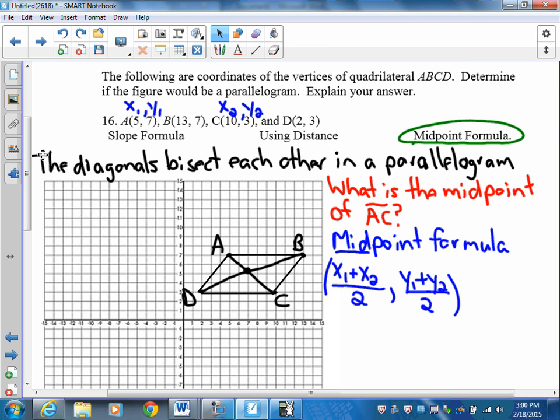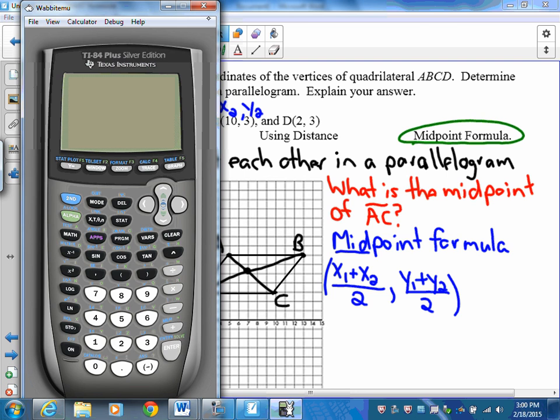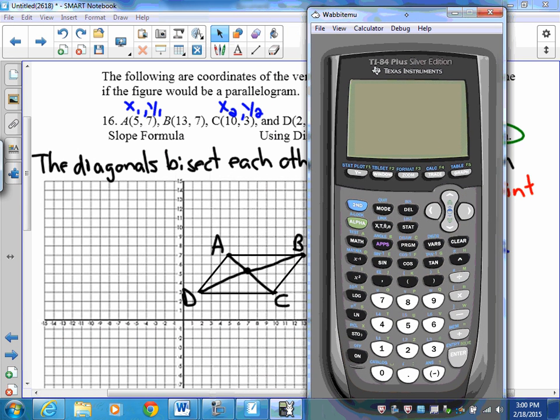So I get my calculator out again. And let's start off by finding the average of x's. Alpha y equals enter. My x values are 5 plus 10, and I divide that by 2. So that's 15 over 2.